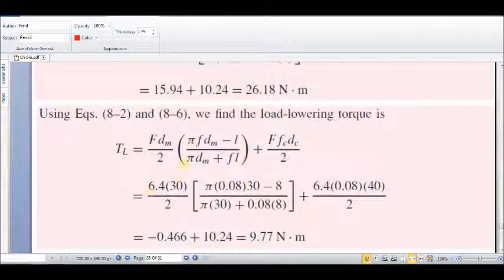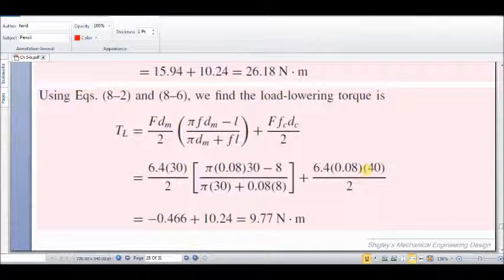So one more time we will substitute these parameters into the lowering equation, and then we will add the collar torque.